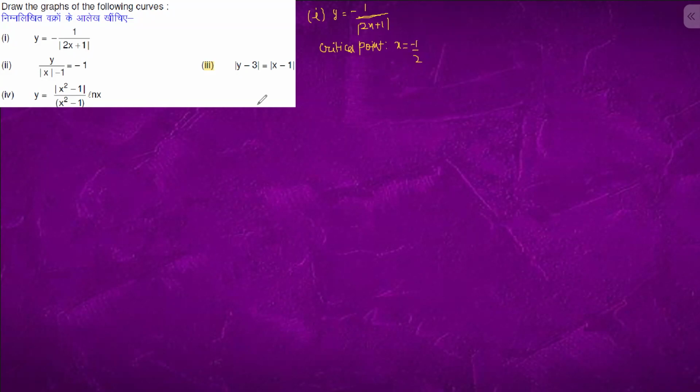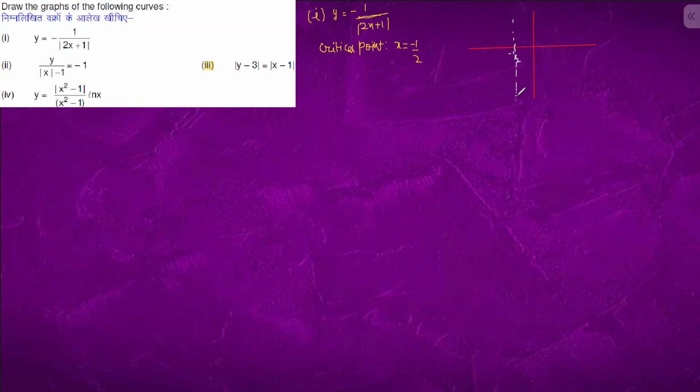So we have the coordinate axis. So we have x equals to minus 1 by 2 is a critical point.